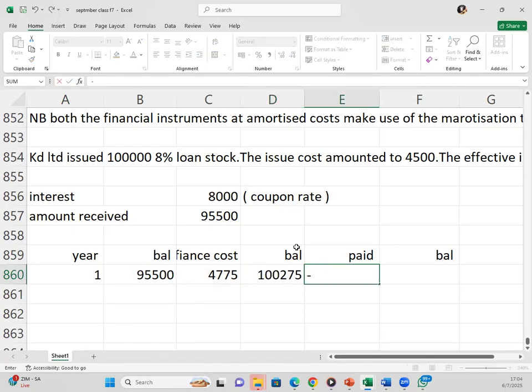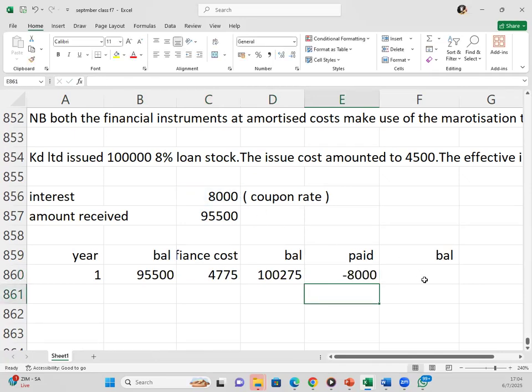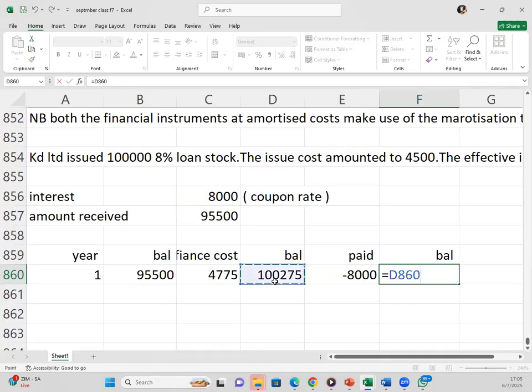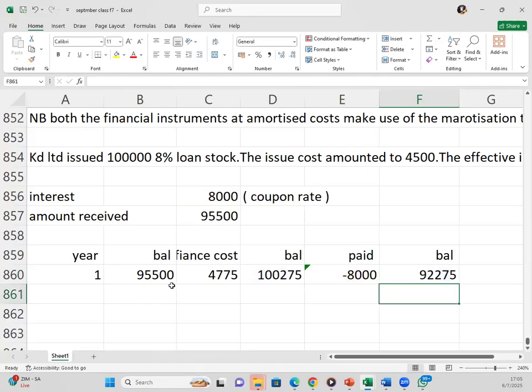Then you less the amount paid, 8,000. The amount paid does not change, so the 8,000 remains the same. Then the closing balance becomes the next opening balance.